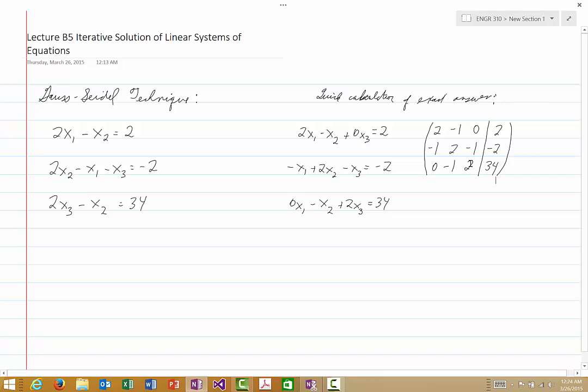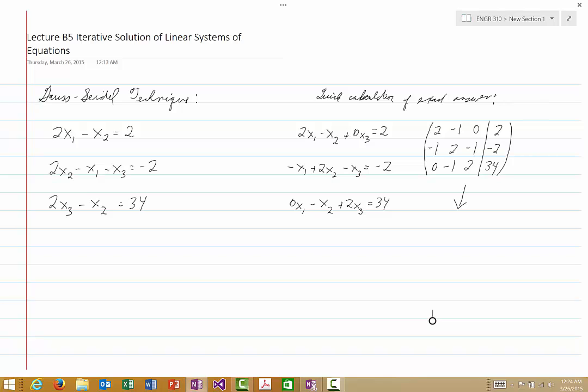Anyway, this is the matrix we would get, and let's now have a quick review of how we would get the exact solution. As we've said before, different people would approach this in different ways, but if I'm solving this by hand, I like to proceed as follows.